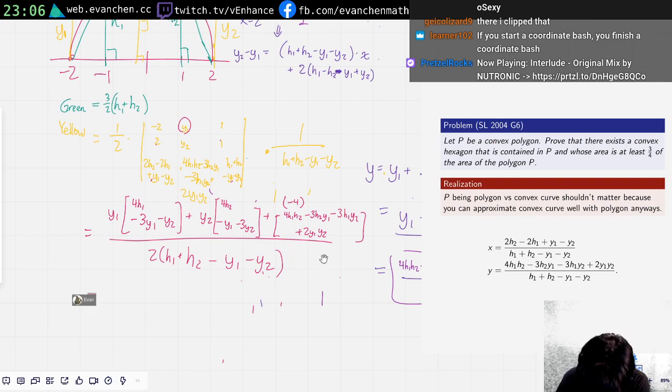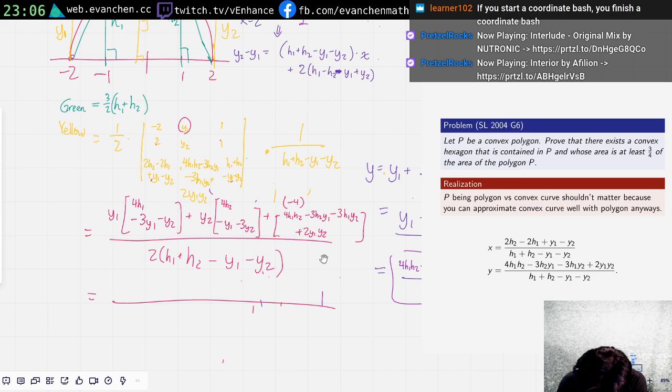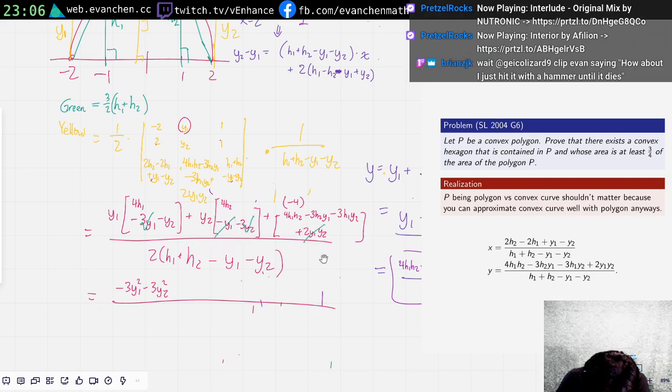Okay, now let's expand the top. So, there's some y1 squareds that don't go away. It's minus 3y1 squared minus 3y2 squared. This one. No, shoot, there's a minus 4. Why is there a minus 4? Oh my freaking. Oh, jeez.